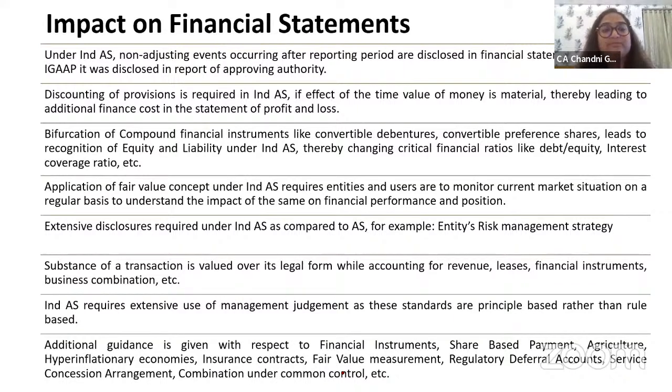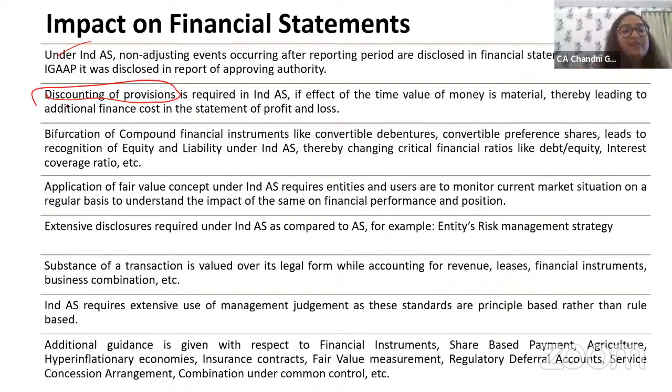A non-adjusting event is an event occurring after the balance sheet date but before the approval of the financial statements, whose impact cannot be taken in the financial statements because it is not an adjusting event. As per AS it was shown in the approving authority's report, but in Ind AS, it is required to be shown in the financial statements.